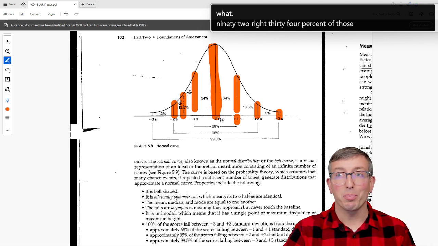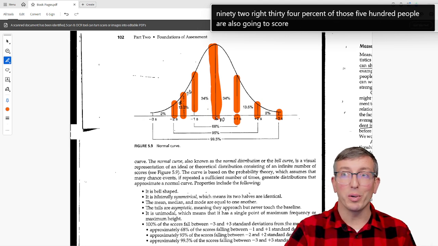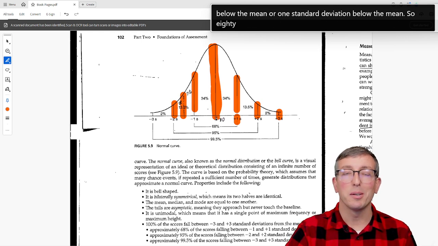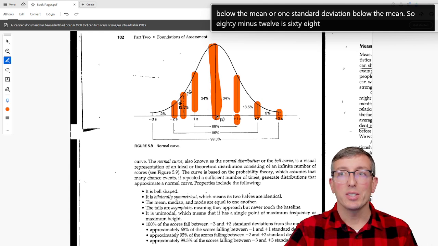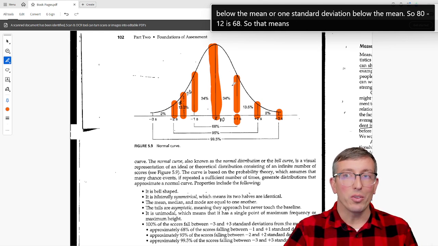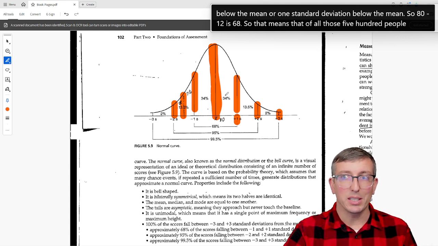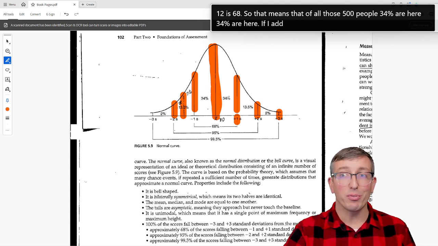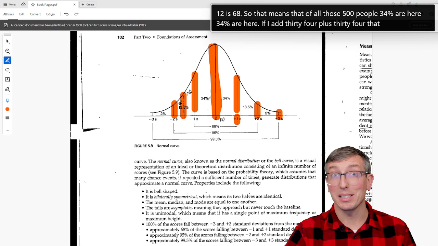34% of those 500 people are also going to score 12 points below the mean, or one standard deviation below the mean. So 80 minus 12 is 68. That means that of all those 500 people, 34% are here and 34% are here. If I add 34 plus 34, that gets me to 68%.